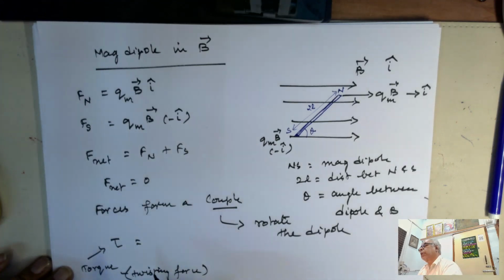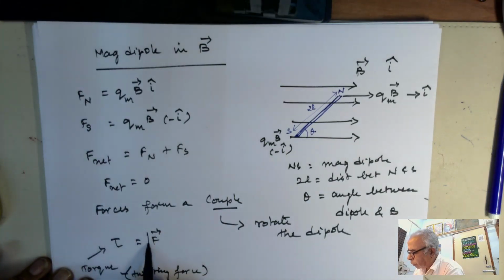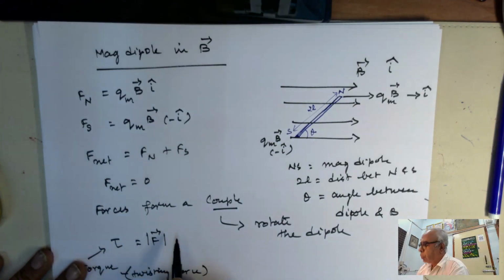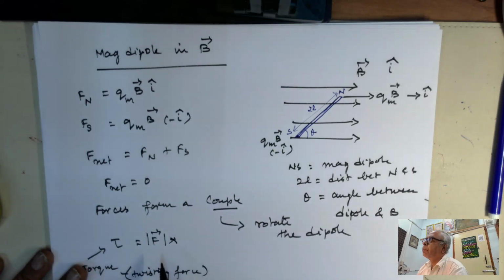So this torque, that is tau, is equal to the modulus of force vector, that is the magnitude, into, that is cross product, perpendicular distance.